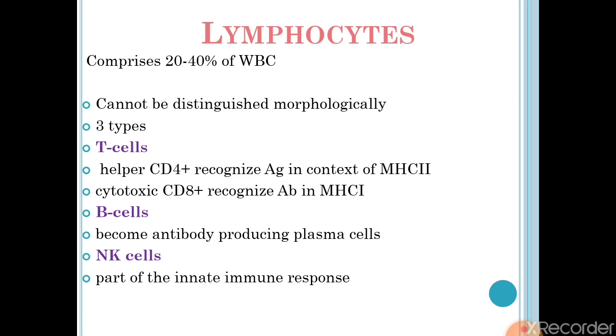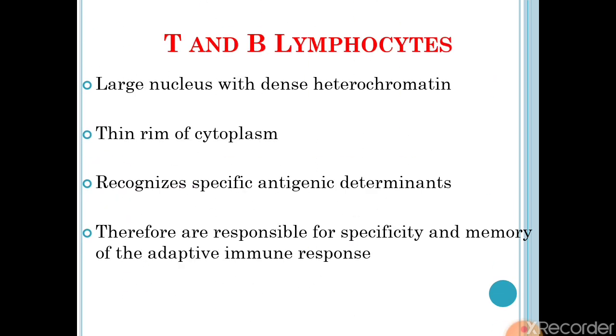Then we have B cells. The B cells give rise to plasma cells, and then finally the plasma cells produce antibodies. And the natural killer cells are part of the innate immune response. T and B lymphocytes have a large nucleus with dense heterochromatin.